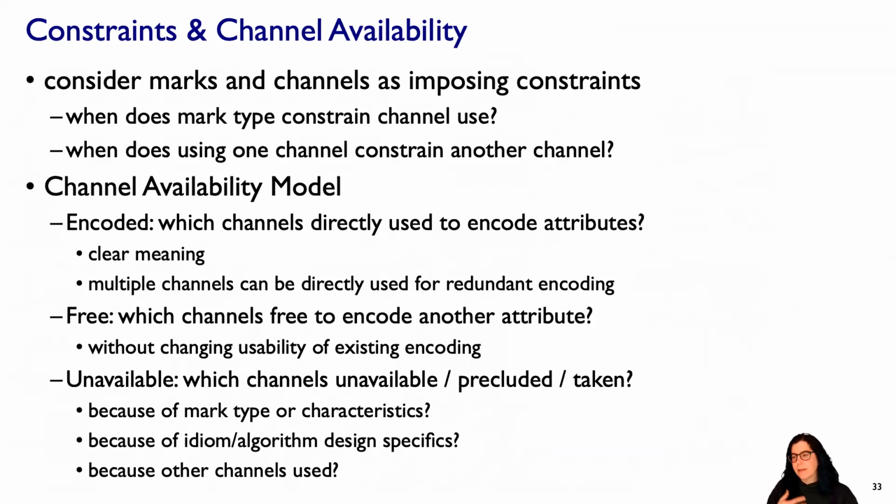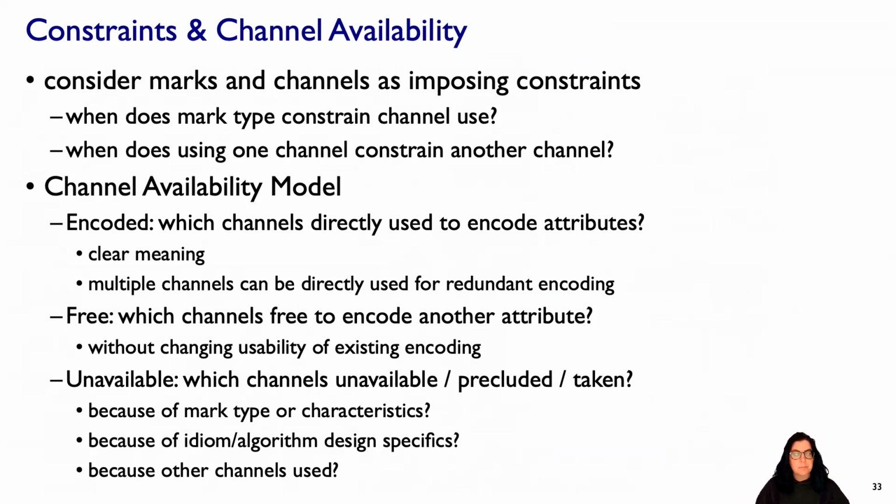So this idea of constraints is actually going to help us with our analysis. We want to think about when it is that the marks or the channels actually impose constraints on a visual encoding. When does the type of the mark or the characteristics of the mark actually constrain what channels we can use? When does using one channel constrain another channel?